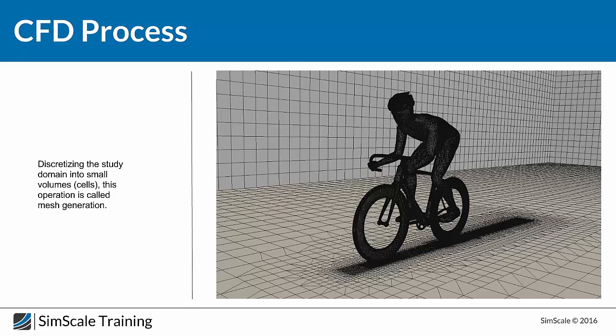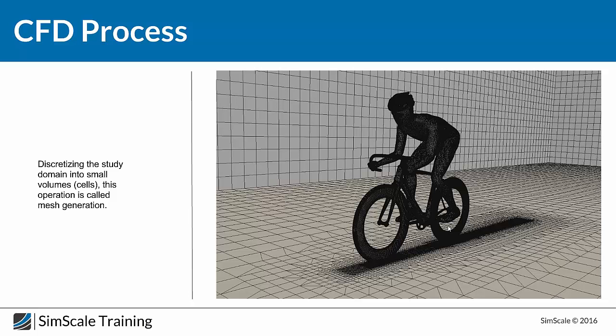And what is a mesh? It is discretizing this large domain into small control volumes that we call cells. And these cells have shape, as you can see here, and the density of these cells is controlled by the region of interest. So for example, we have high density over here because there is a wake structure, so there is high gradient in the physical quantities.